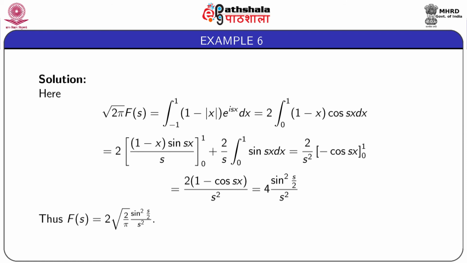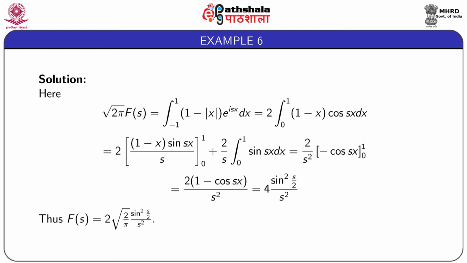Now from -1 to 0, this function is (1 + x) e^(isx), and from 0 to 1 this integrand is (1 - x) e^(isx) dx.